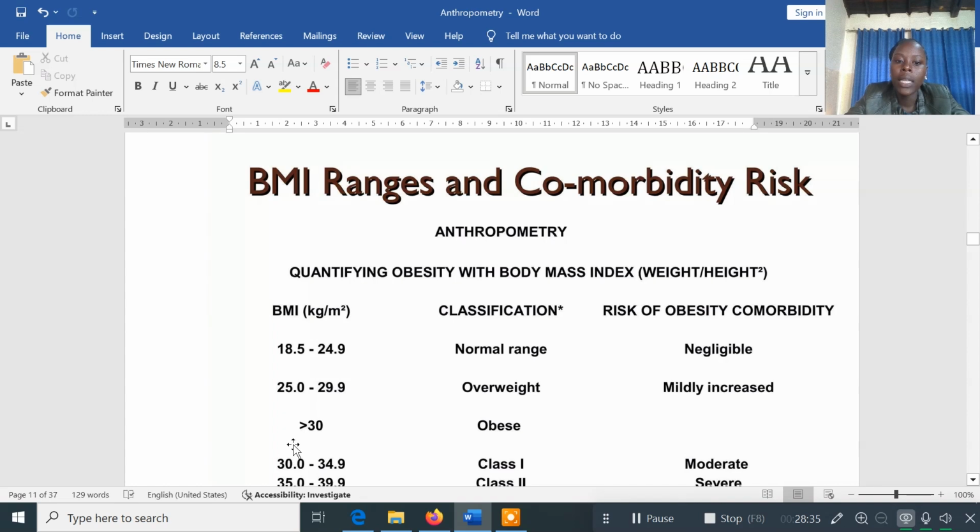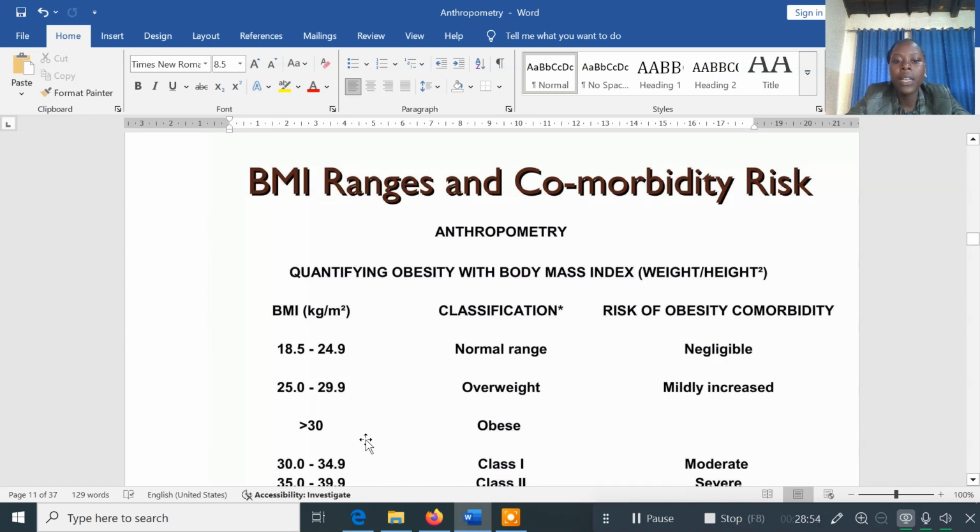Then if someone's BMI is greater than 30 kilograms per meter squared, that person is obese. Still, obesity has classes: class 1, class 2, and class 3.